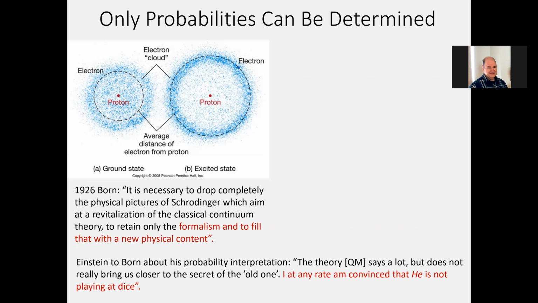No, it is necessary to drop completely any physical picture that Schrodinger aimed to bring back, this classical picture going back to de Broglie's picture. We have to drop any idea that what this wave is doing is showing us exactly the wavelength that will fit around a Bohr radius. No, as pretty and as nice as those ideas were, they're hopelessly wrong.